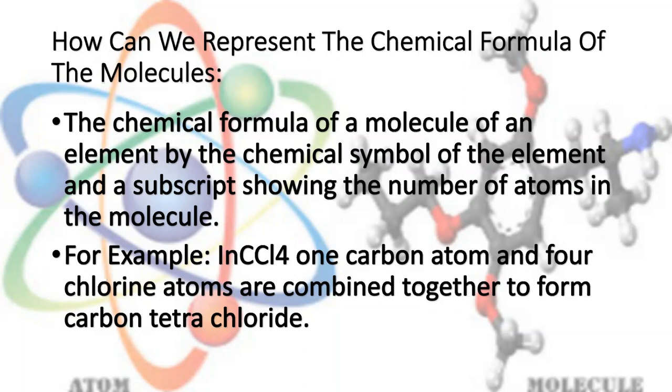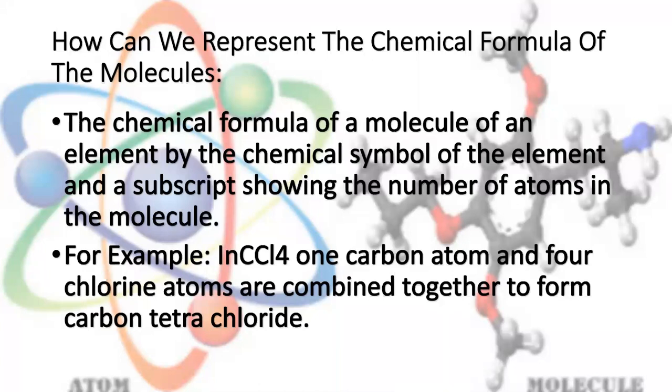Whenever we are writing a chemical equation or the chemical formula of a molecule, we use chemical symbols. What were the chemical symbols? Last time I told you: for hydrogen H, for oxygen O, for carbon C, for nitrogen N, for chlorine Cl, for sodium Na, for sulfur S, for potassium K, and for phosphorus P. Do you remember this?